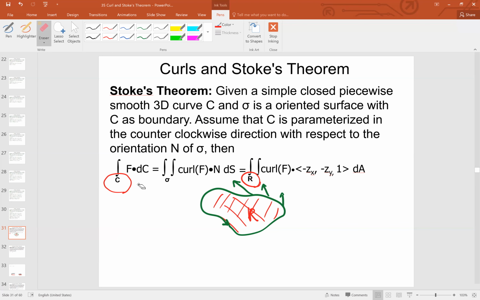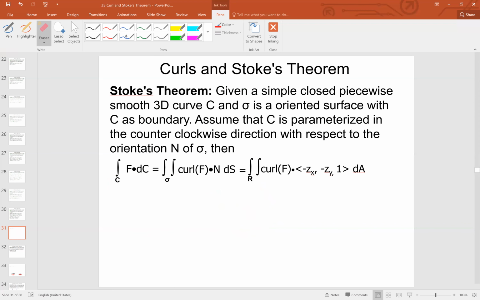This is in that flavor, except in this setting, things sit in three-dimensional space. That is, C, the curve, is a three-dimensional curve in space. If you like, we'll just think of it as a circle.